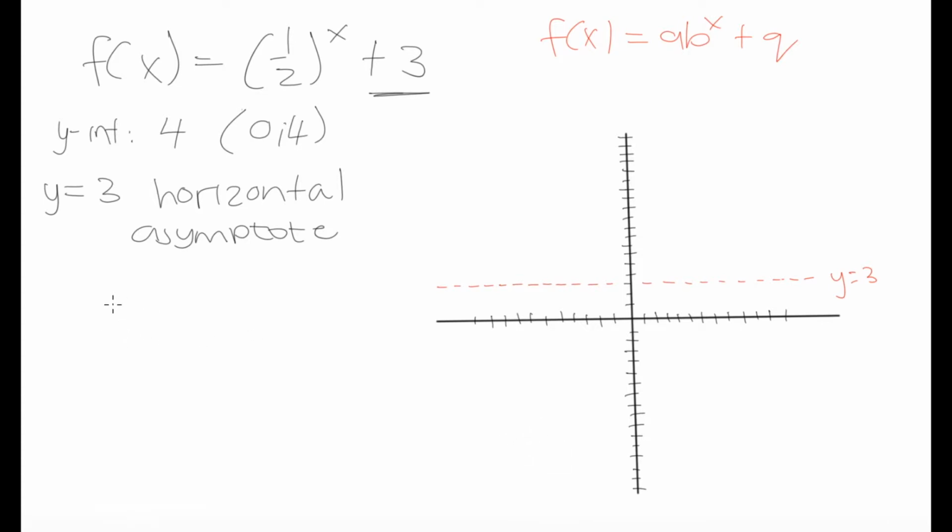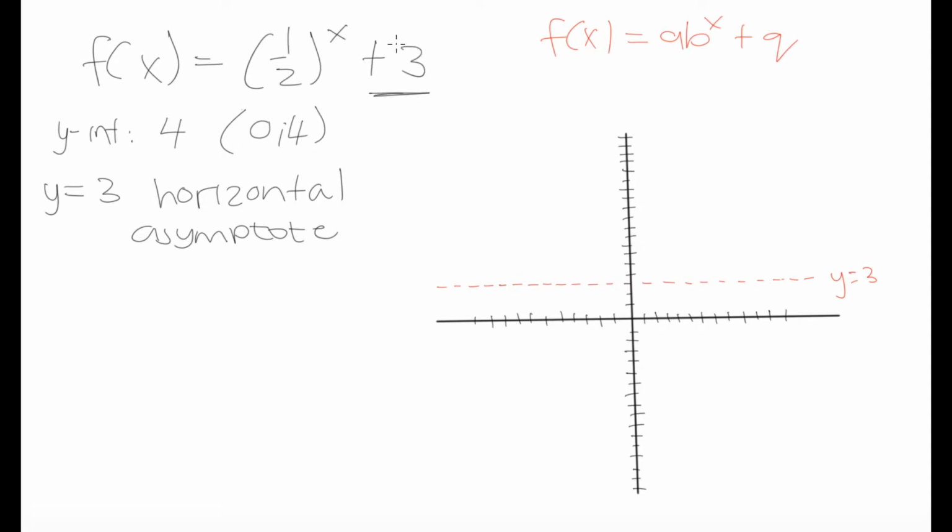Now before we make an xy table where we put in different input values for x and see what we would get for y, let's take a second to try and conceptualize what this curve might look like. Because we have a fraction here, there are a few things that we can make note of. When we have negative x values, having that negative exponent is going to imply that this fraction can flip, and whatever is in the denominator can actually become a numerator.